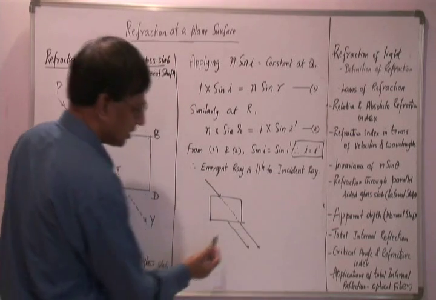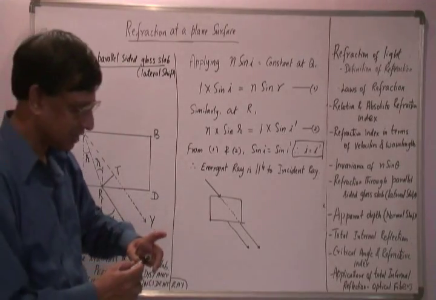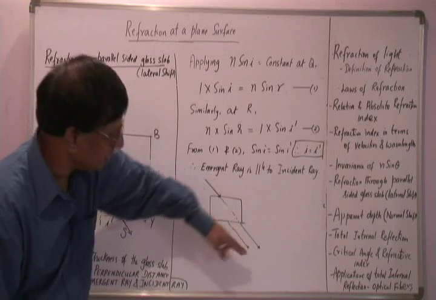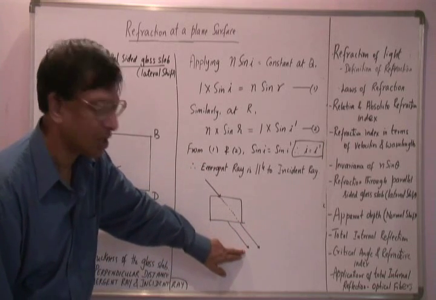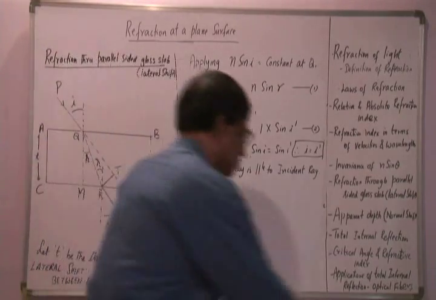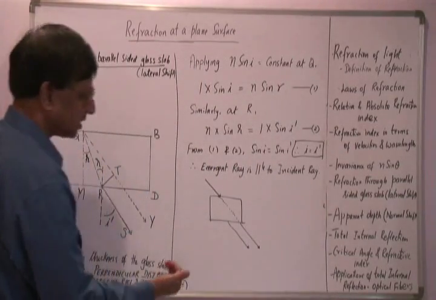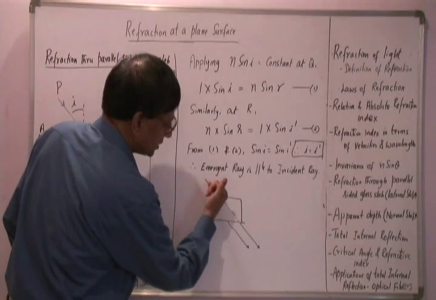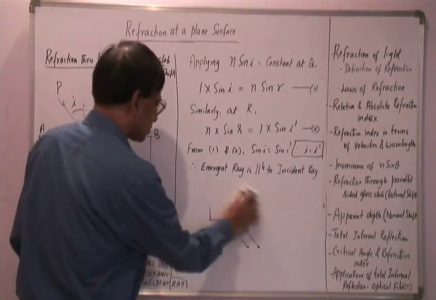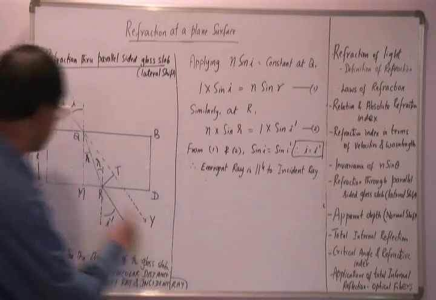It is parallel to the incident ray, but it is laterally shifted. That means this path is shifted, and then I find the rays coming out from this point onwards. So that is what we mean by lateral shifting. This is the incident ray, it gets laterally shifted. And that's what is depicted in this diagram here.